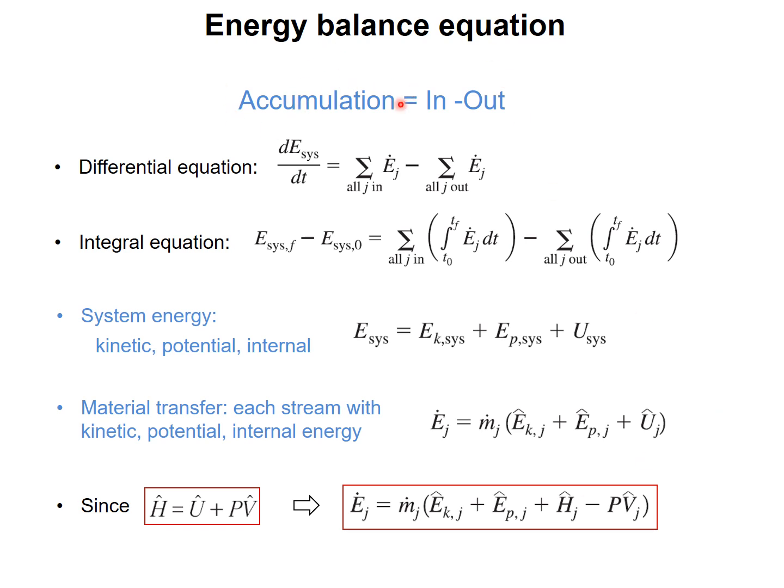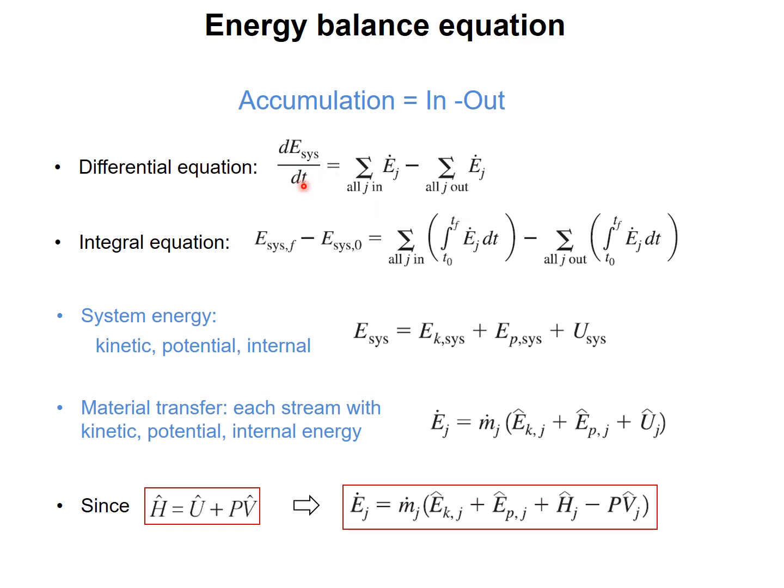Accumulation is equal to in minus out plus generation minus consumption. Here, no generation and no consumption, because we are thinking of total energy instead of component energy. So the total energy summation doesn't have the generation or consumption term. This is the differential form of the energy balance equations.